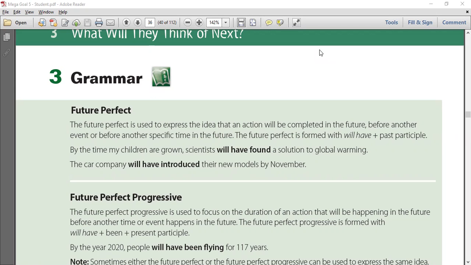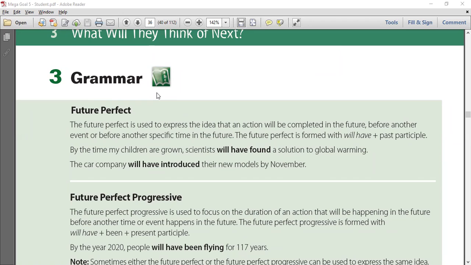Again, the future perfect: either there are two events that will happen in the future, because it's future, remember, where one event will happen in the future before another event that will also happen in the future. Okay, so it's a matter of which one is the first event and which one is the second.